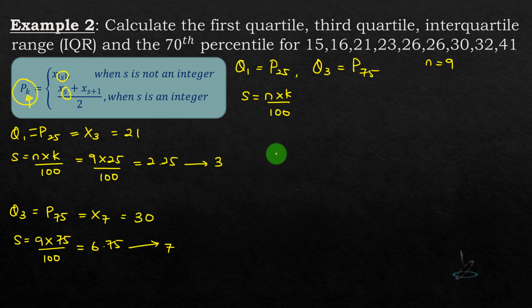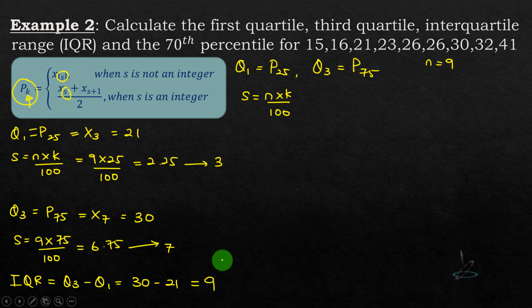Now the interquartile range is the third quartile minus the first quartile, which is 30 minus 21, and this is equal to 9. Okay, now calculating P70. Let us use the formula for S to calculate 70 first.